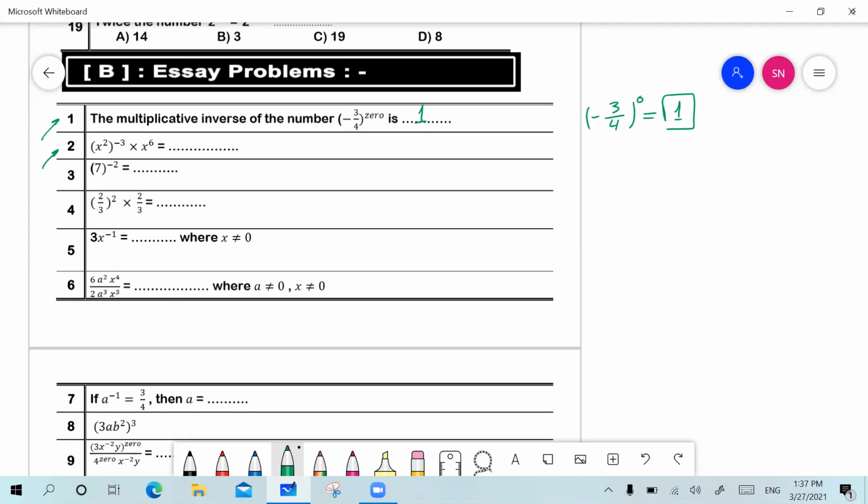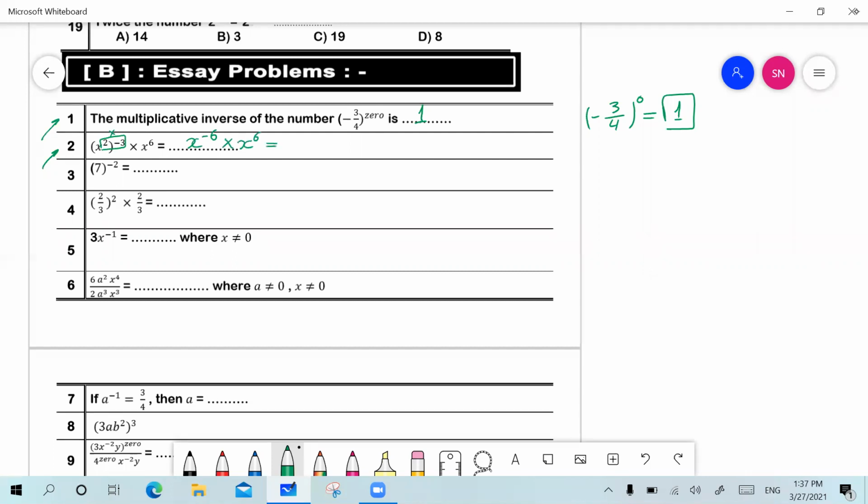x to the power of 2, all raised to the power of negative 3, times x to the power of 6. First we're going to multiply 2 times negative 3, so it's going to be x to the power of negative 6, times x to the power of 6.